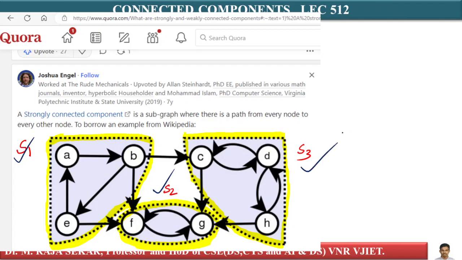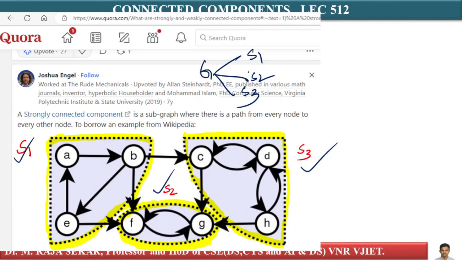We are breaking our graph capital G into subgraphs S1, S2 and S3.